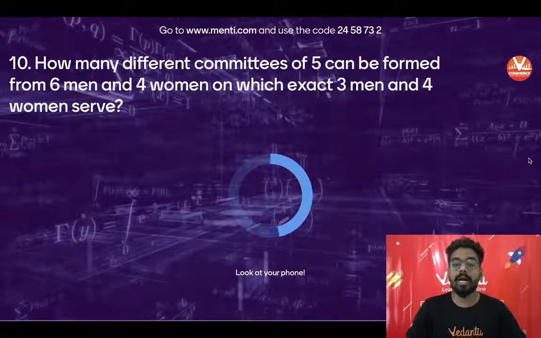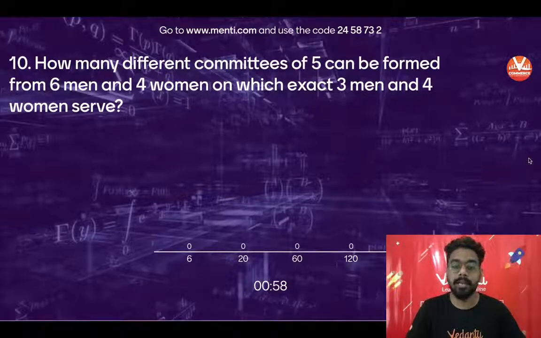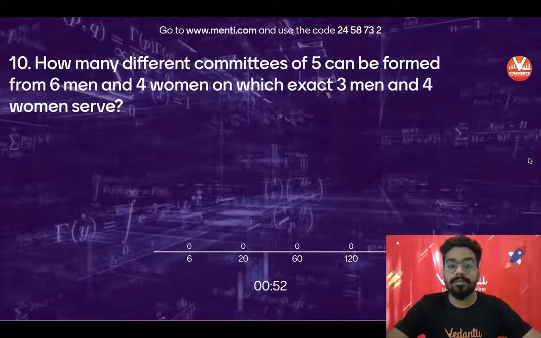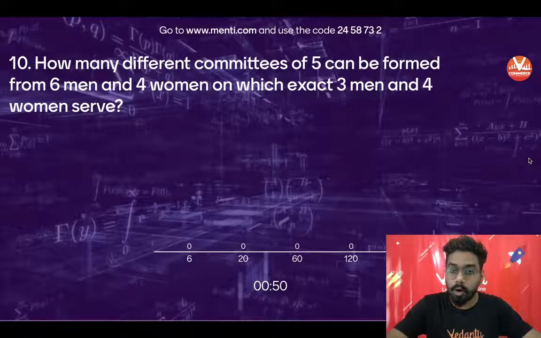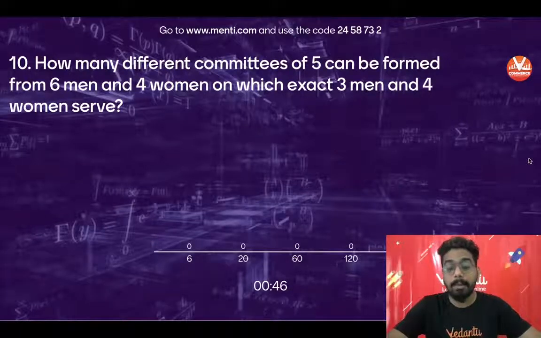How many different committees of 5 can be formed from 6 men and 4 women, on which exactly 3 men and 4 women can serve? How many different committees of 5? We want 5 people from 6 men and 4 women, but I want 3 men from 6 men and 4 women from 4 women. That's all.